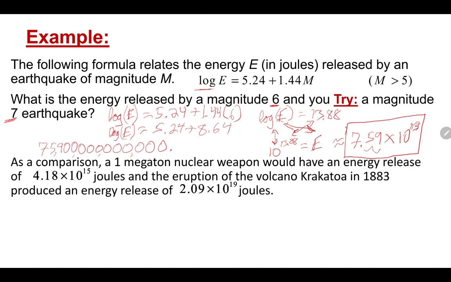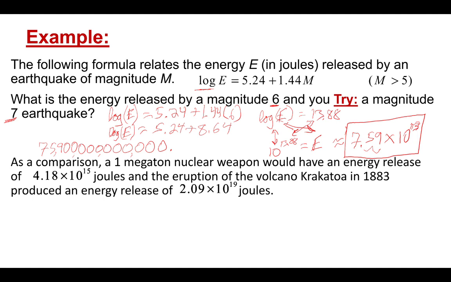As a comparison, a 1 megaton nuclear weapon would have an energy release of 4.18 times 10 to the 15 joules, which means it's still bigger than a magnitude 6. Way bigger than a magnitude 6 earthquake. My guess is it's probably going to be bigger than your magnitude 7, but I don't know.